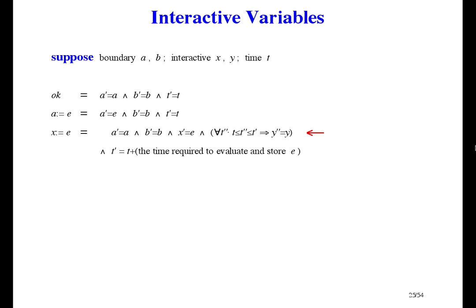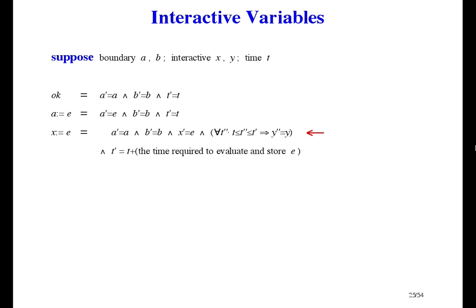At the end of the assignment, x has the right value. But it doesn't say anything about the value of variable x during the assignment. That's important because it means that another process looking at the value of variable x better not look during an assignment to x because its value is unknown during the assignment.